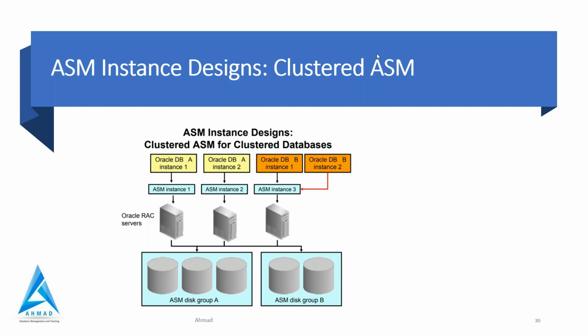Clear? So Ahmed, you mean to say that the disk groups can be shared across servers and all the databases are clustered? Yes, yes, yes. Because the ASM instance will tell where your disk is, where you have to write, and where to read from. It provides the extent map information to database A and database B via instance 1, instance 2, and instance 3.